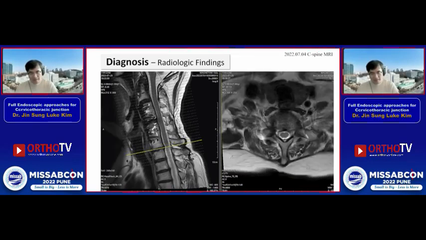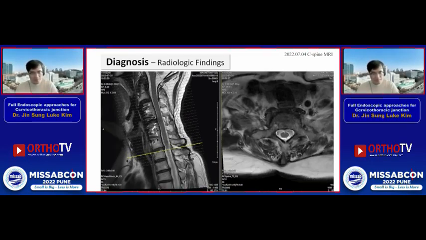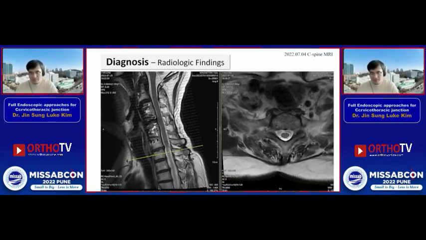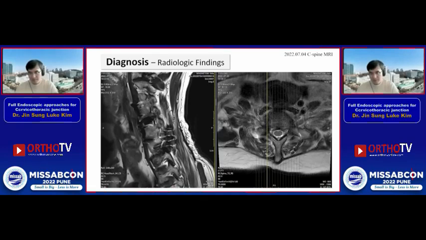I think in the MRI itself, the patient has bilateral foraminal stenosis, a little bit more severe on the left side. That is why the patient has the left side C8 palsy. On the right side, actually, no obvious symptom at all.